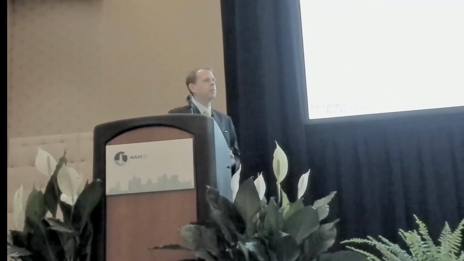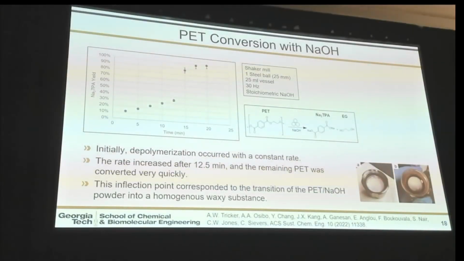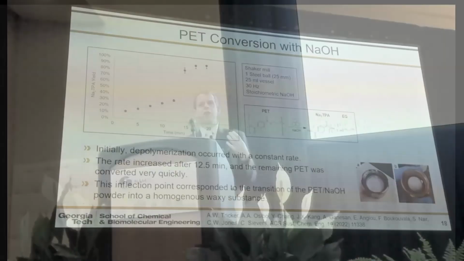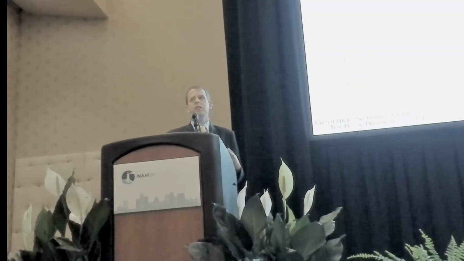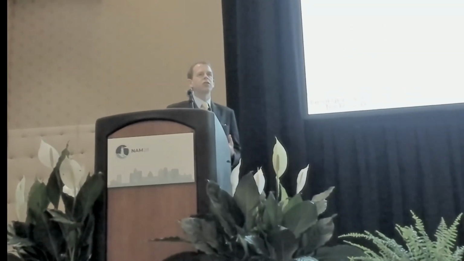and the rest happens very quickly. Now, this transition happens at the same time as our mixture of powders is converted to a waxy phase that is coating the milling wall. And so impacting this waxy phase is much more efficient than impacting a random powder mixture.